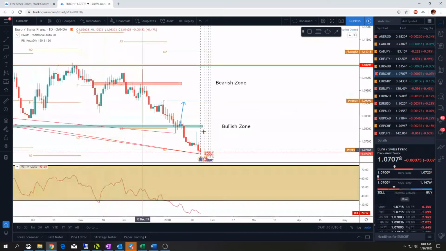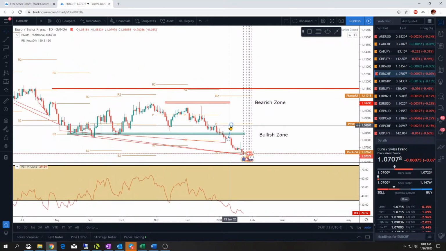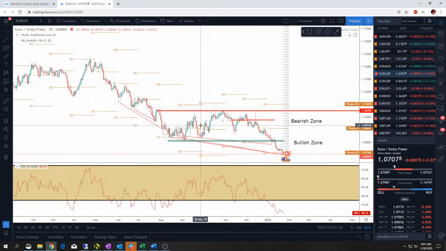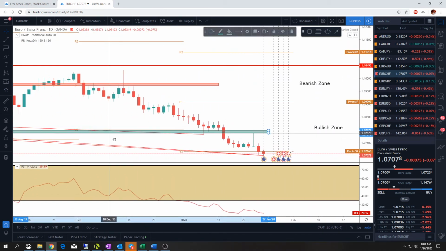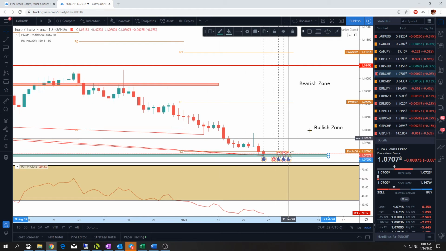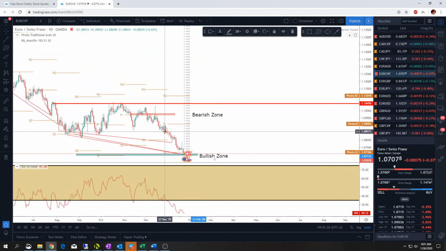Euro Swiss franc. All right, so obviously we did not get a bullish jump off of that area. So I like bullish down here. We have lots of divergence posting. We got a missed pivot.